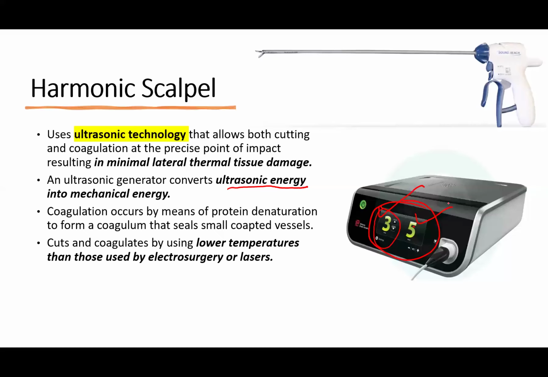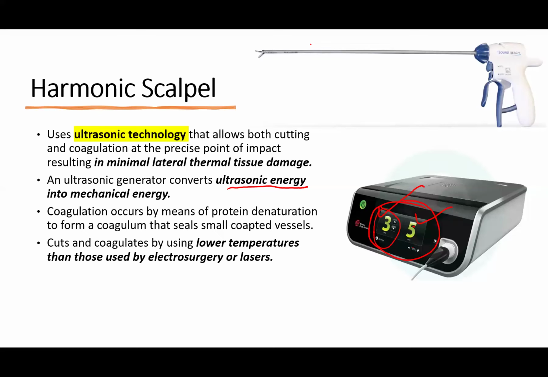The lower you go, the more coagulation and less cutting it gives you. When you put on the machine, by default, you see it at 3 and 5. At 3 it gives you a balance between cutting and coagulation. But if you put both at 5, it will give you less vessel sealing effect and more cutting effect.